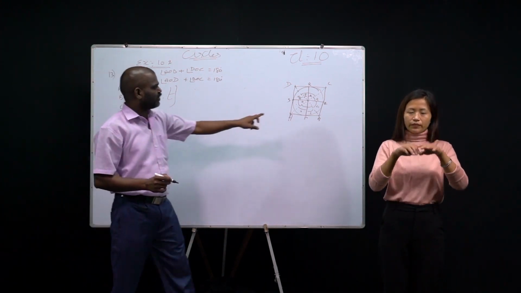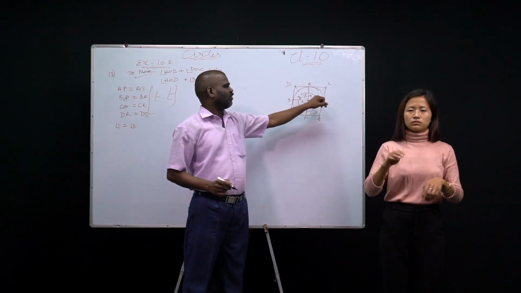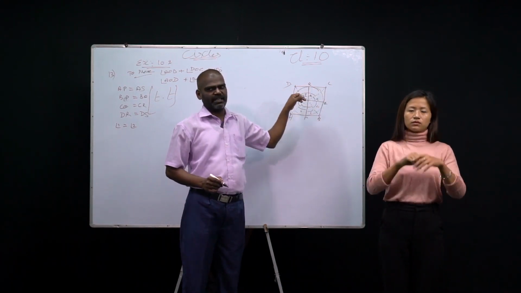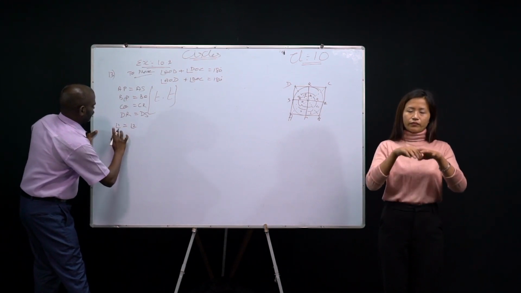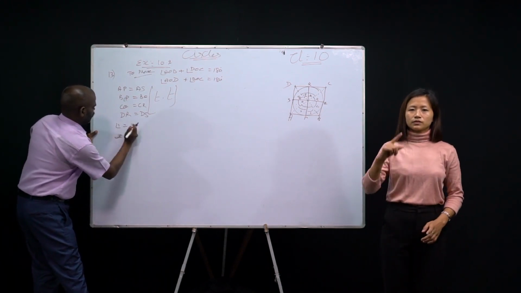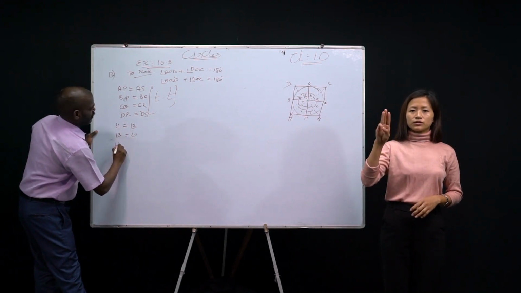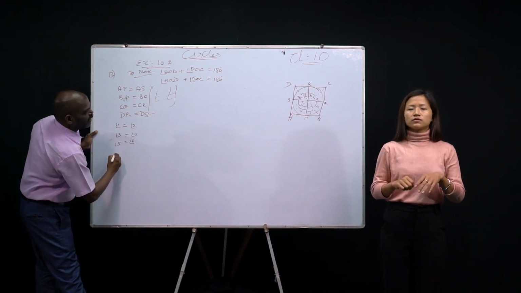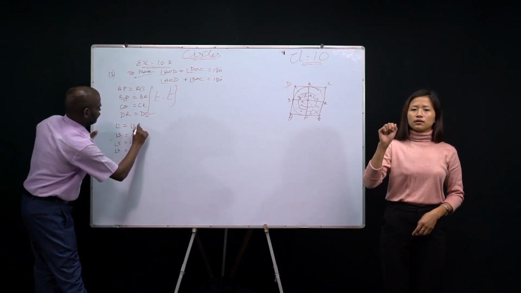So likewise angle 3 and 4 are also equal, right? Because BP and BQ. Likewise 5 and 6, and 7 and 8. So angle 1 equal to angle 2, angle 3 equal to angle 4, angle 5 equal to angle 6, angle 7 equal to angle 8.